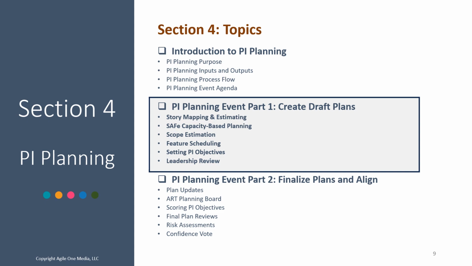In this lesson, we'll cover the steps needed to get to a first pass plan for the PI, including how to break features into stories, how to derive estimates for stories and features, and how to come up with a first pass overall scope estimate for the PI from each team. And then an estimated delivery timeline for each of the features.